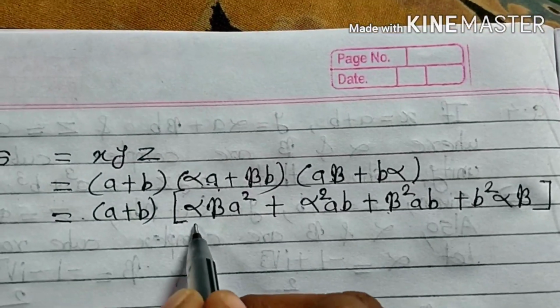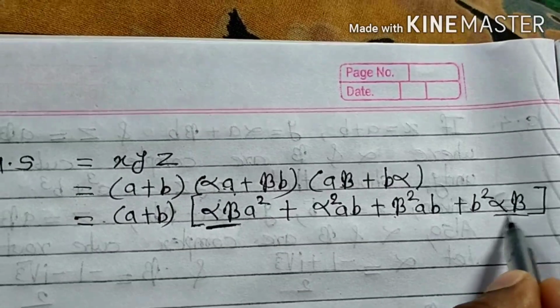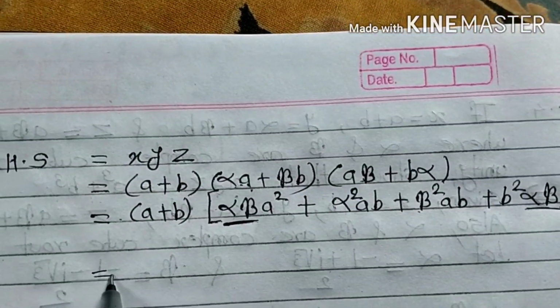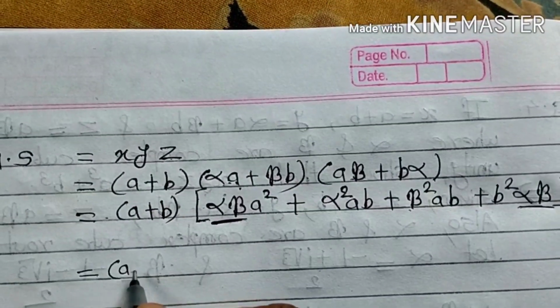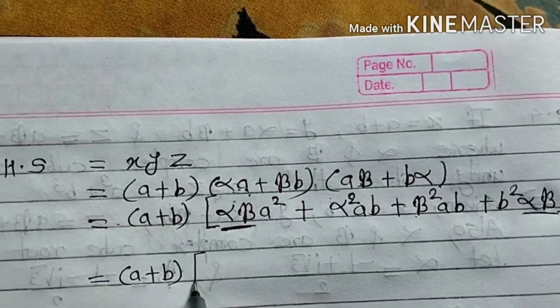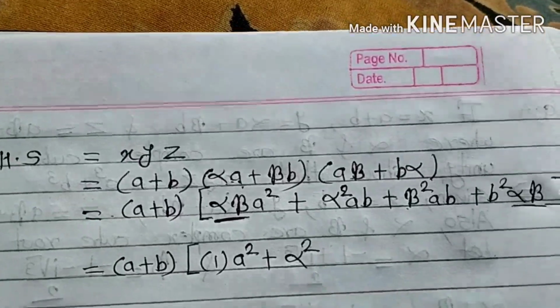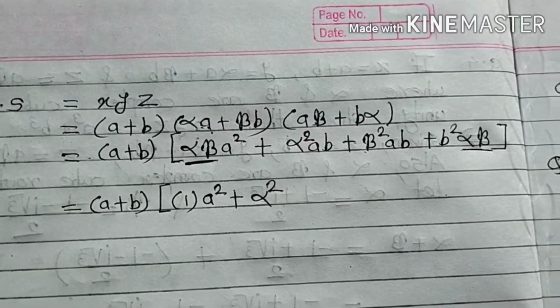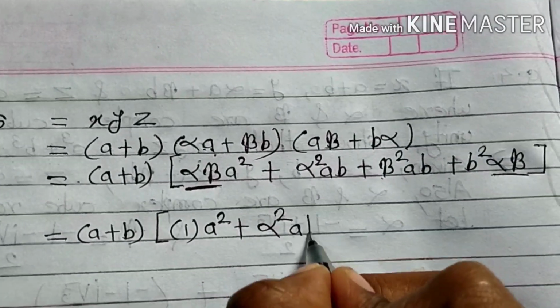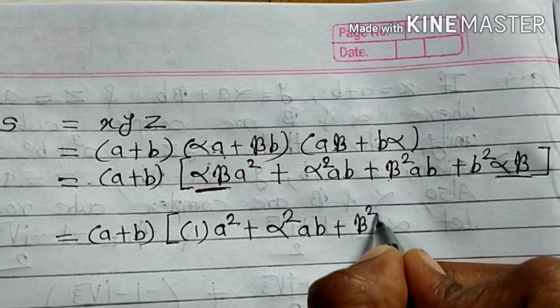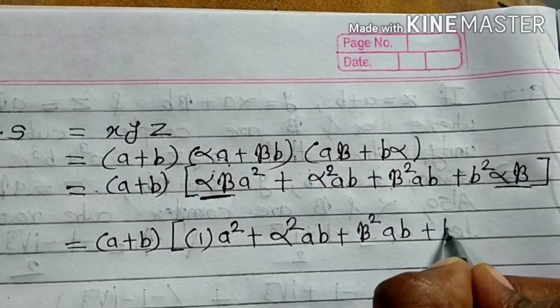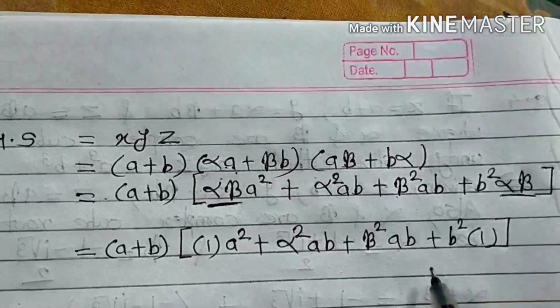Now we know that the value of alpha beta is 1 from equation second. So a plus b, 1 into a square plus alpha square ab plus beta square ab plus b square into 1. You can use from 2.